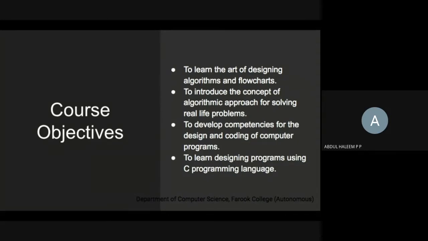We have to make use of that. Whenever we hear about programming, you should know what you have learned in this course, how it is going to be applied, and how we approach this course. That is very crucial.